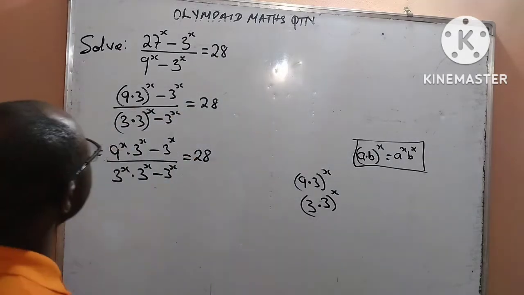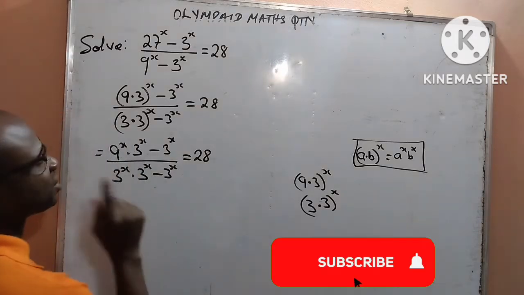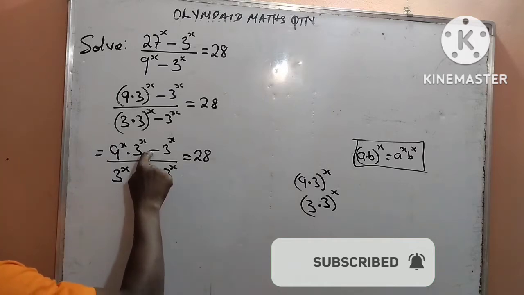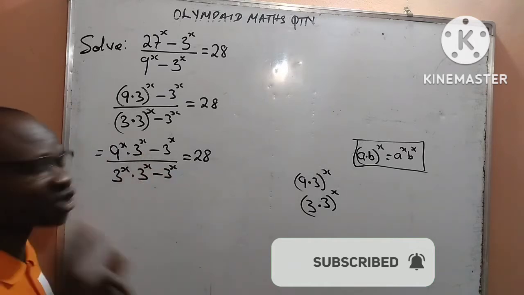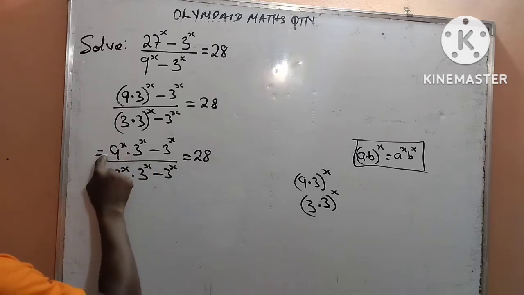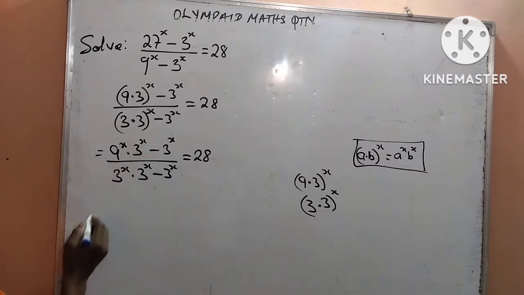Beautiful. My interest now can be achieved, which is factoring what is common both at the numerator and at the denominator. And what is common is 3^x. You can see we have 3^x as a factor that can be factored out. And see how it can be done.